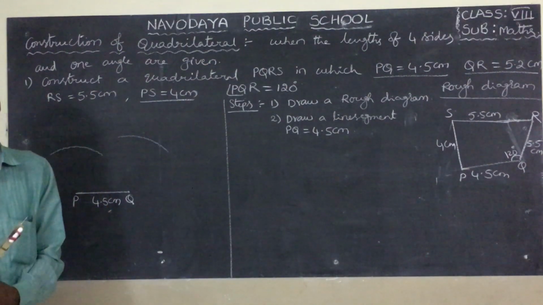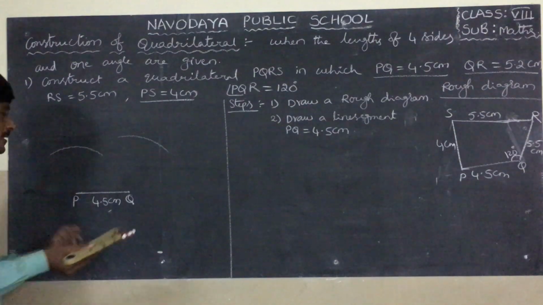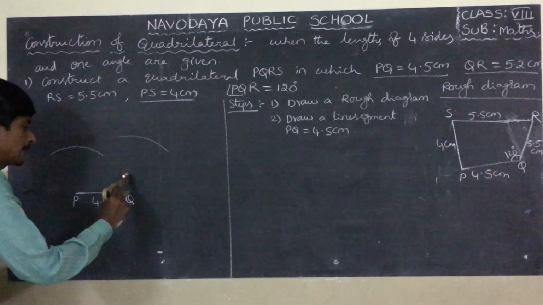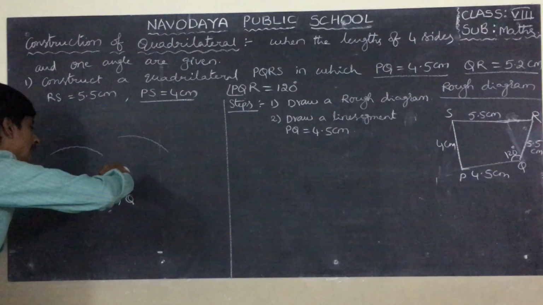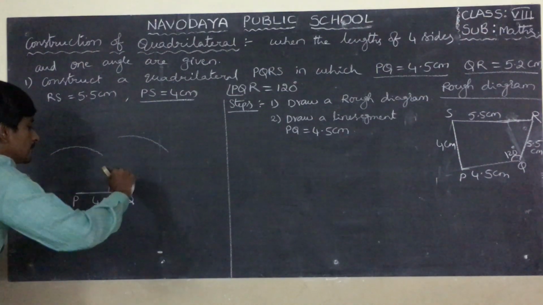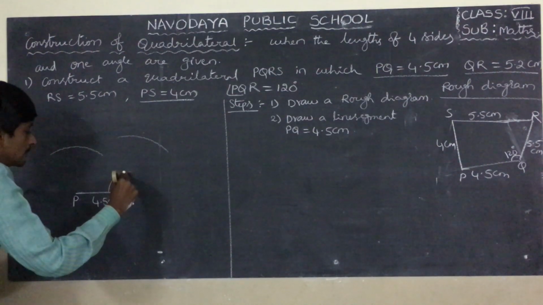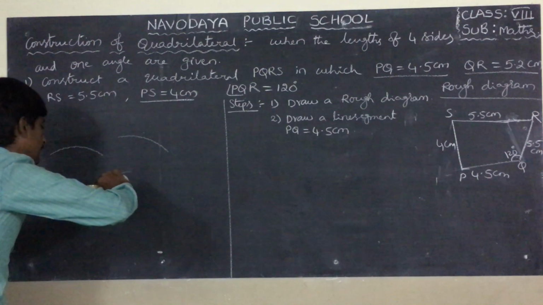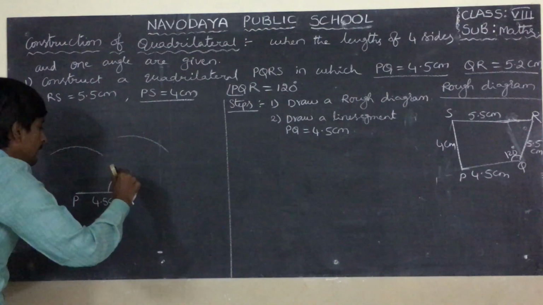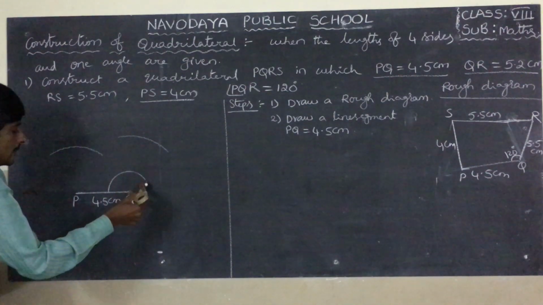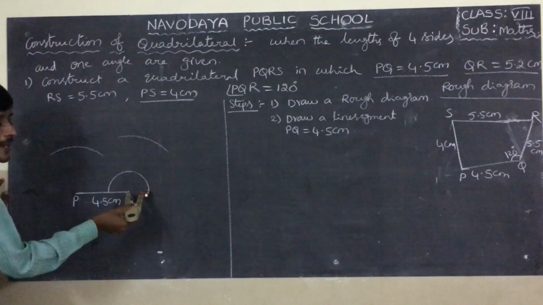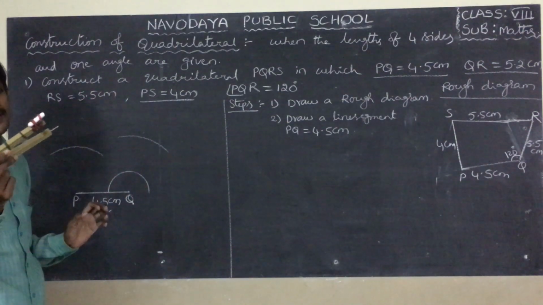Take some radius. With the compass, draw an arc. Take some radius. Draw an arc. Okay. The same radius.